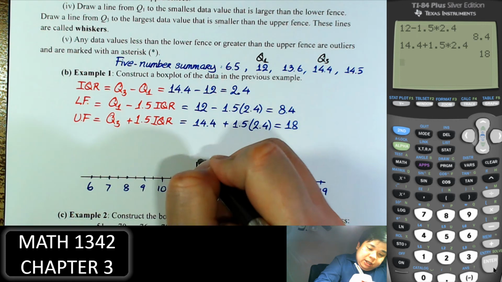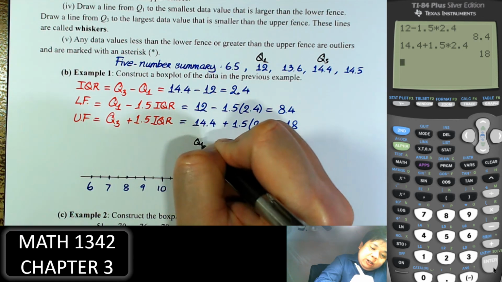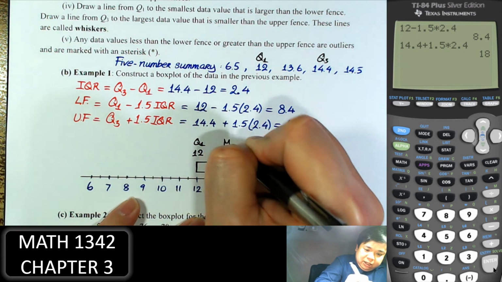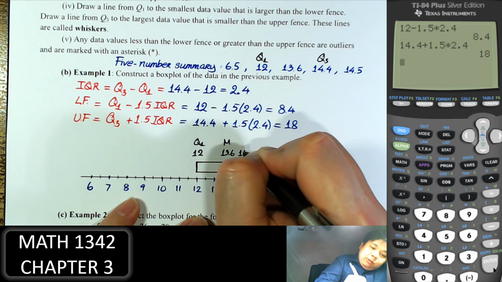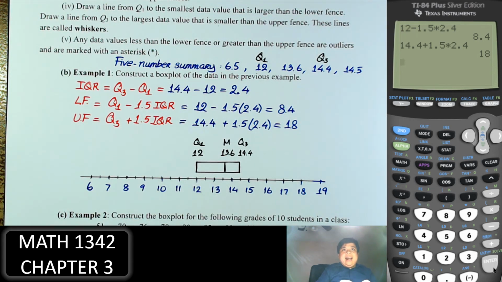So this is Q1, 12, then 13.6, that's the median, and 14.4, that's the Q3. So that's the box. Now the whisker.